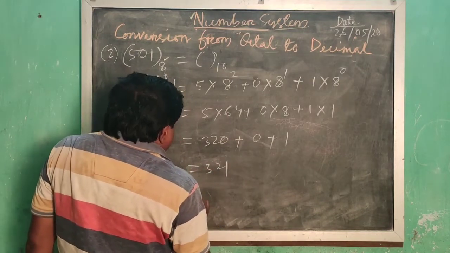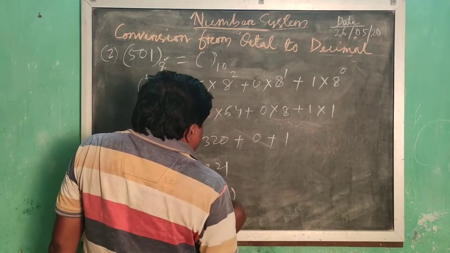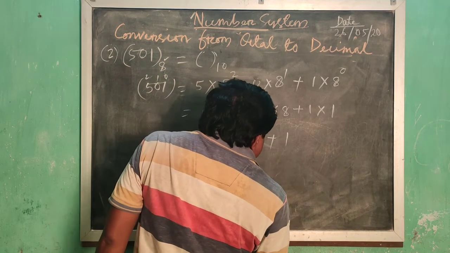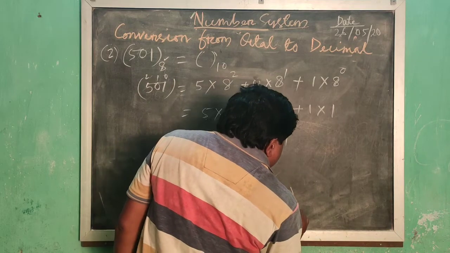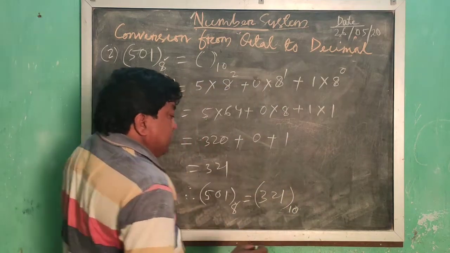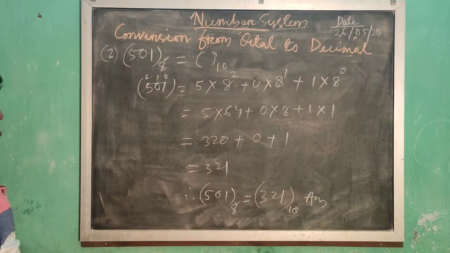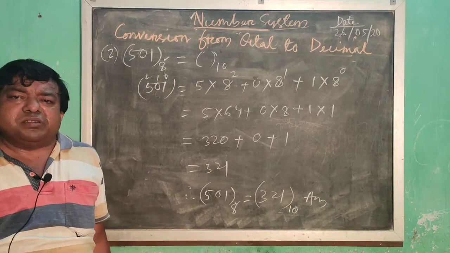Answer will be 501 base 8 equal to 321 base 10. It is your answer. All are able to understand this solution also. If anyone has any doubt, you have to mention in comment section.